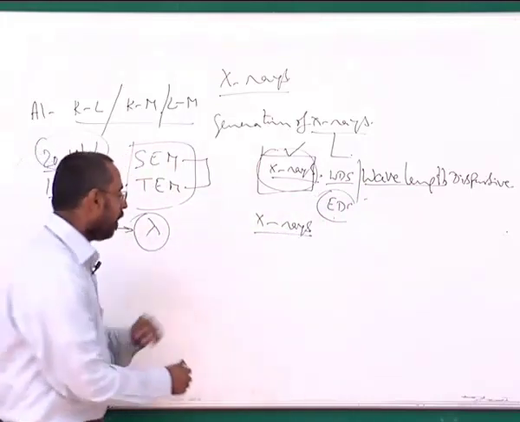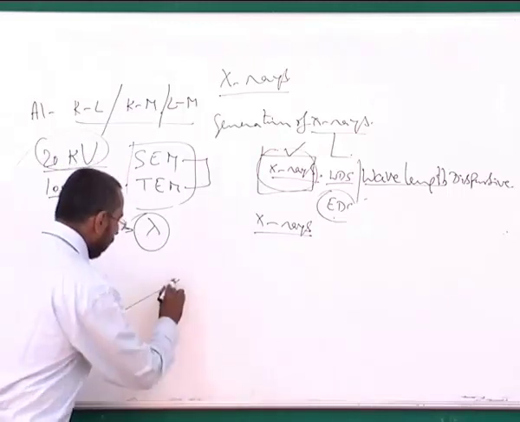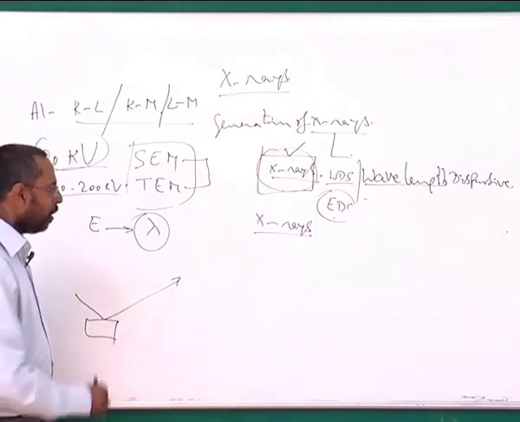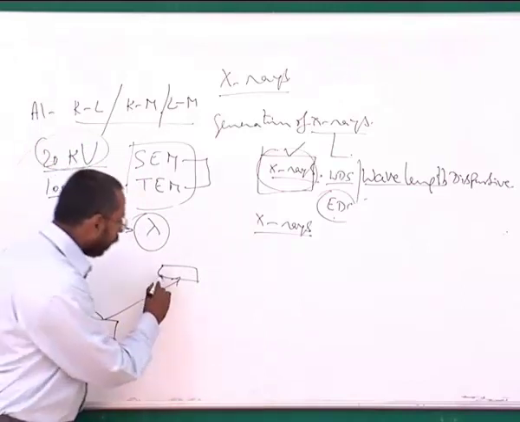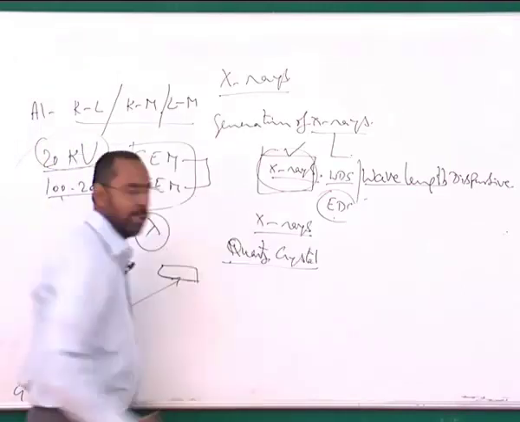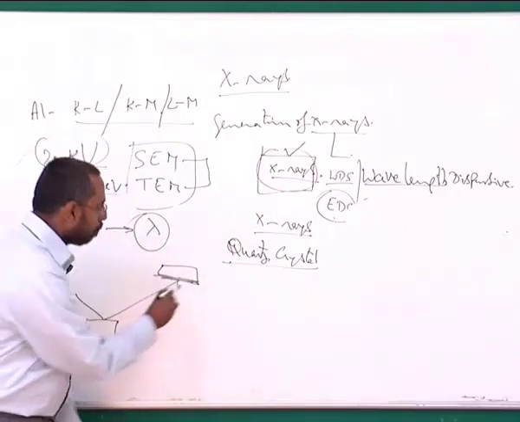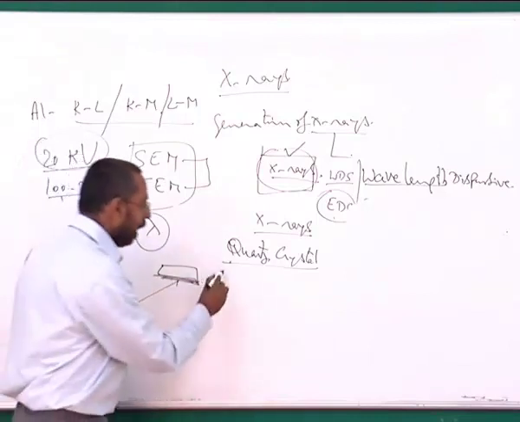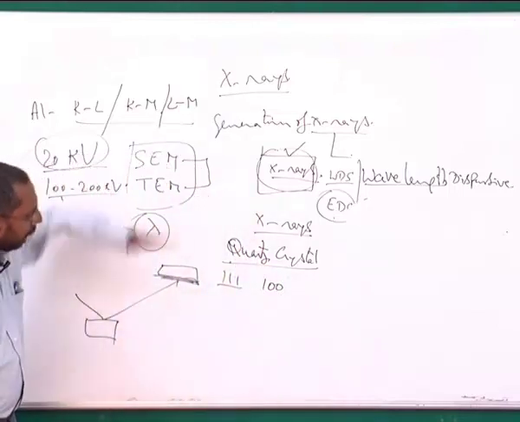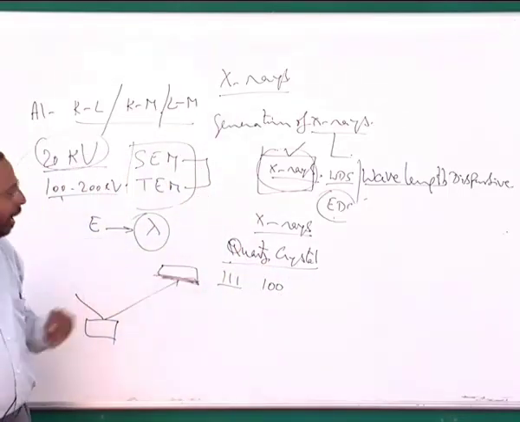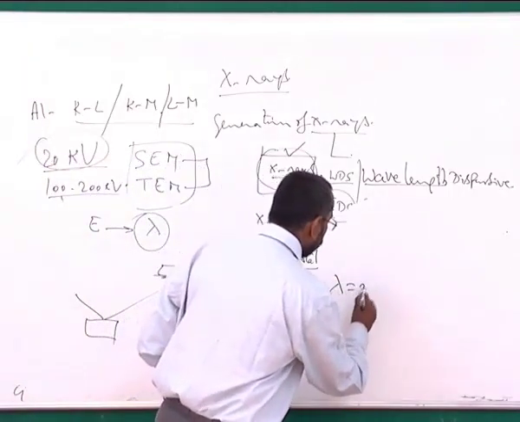To do that, if my sample is giving these X-rays, I can put a single crystal with a particular orientation, let's say a quartz crystal or any other single crystal with a fixed orientation, such that this plane is fixed. It could be a 111 plane or 100 plane or whatever plane it is. So I make a single crystal with a fixed orientation, and once I fix the orientation, according to the diffraction principles, I know lambda equals 2d sin theta.